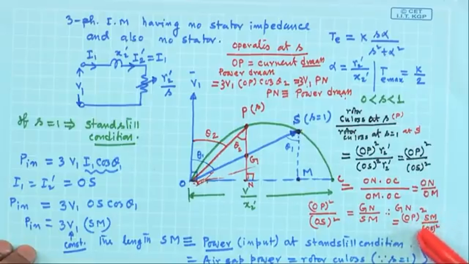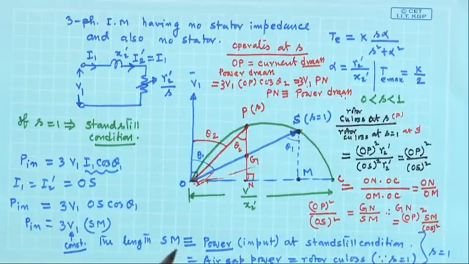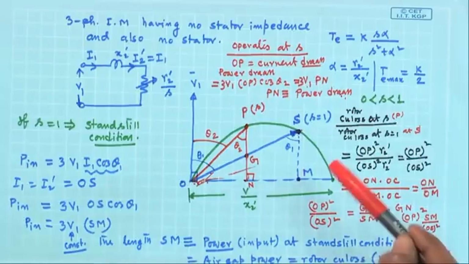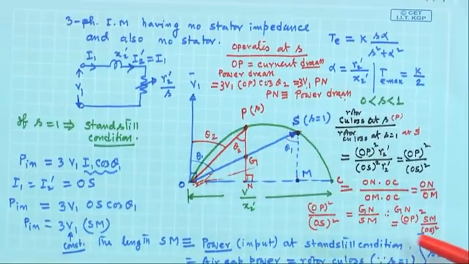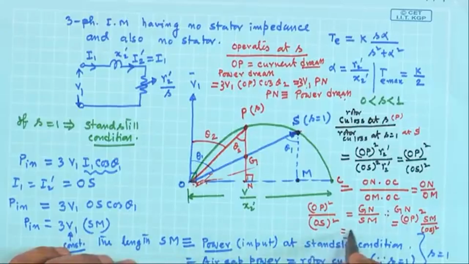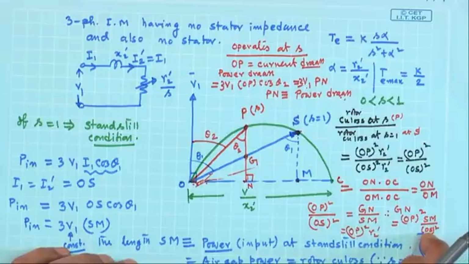Can you tell me what this quantity SM by OS square is? SM is the rotor copper loss, and that divided by current square is nothing but R2 dashed. So, this is nothing but OP whole squared into R2 dashed, copper loss divided by magnitude of the current square.